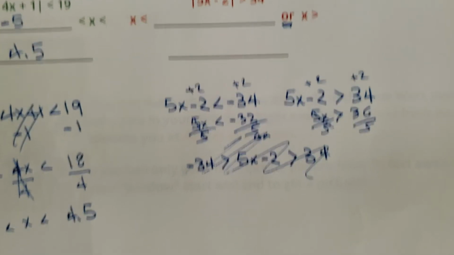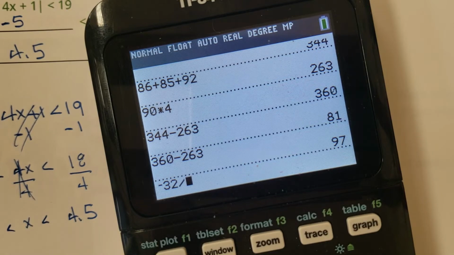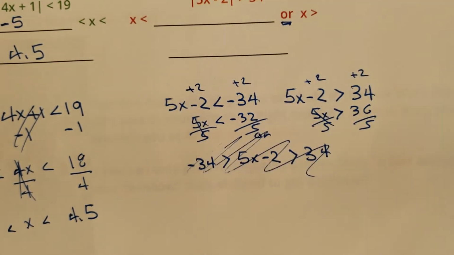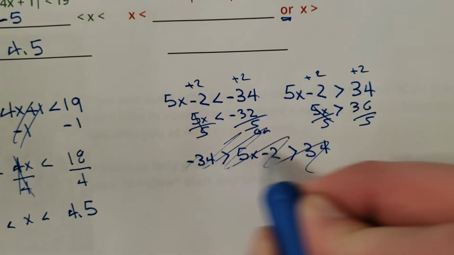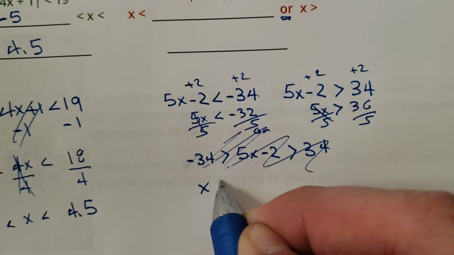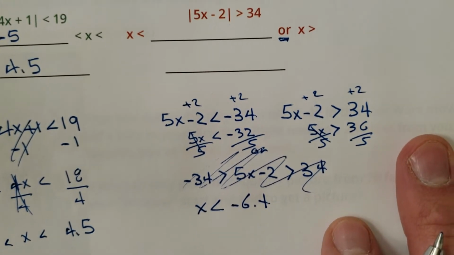Negative 32 divided by 5, I think that's like 6.4. I just want to double check. It's early, coffee hasn't kicked in yet, so I like to be safe. Here we go, yep, negative 6.4. So one of my answers is going to be, I'm going to skip all this noise right here, x is going to be less than a negative 6.4. So where's my less than? Right there.